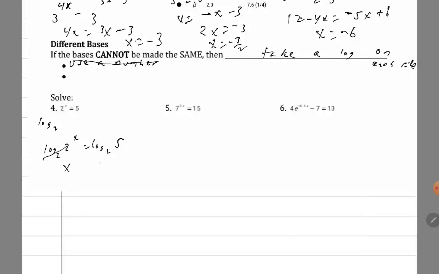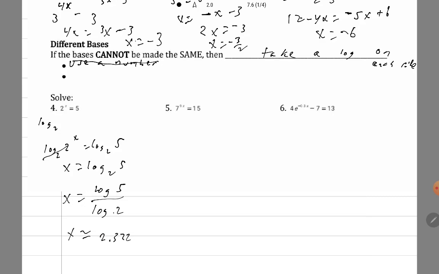So that is left with x equals this. Now from last section, 7.5, we have that change of base formula. So remember how it goes: x equals log of 5 over log of 2. And now you can punch that in your calculator, so you'll get x is 2.322.